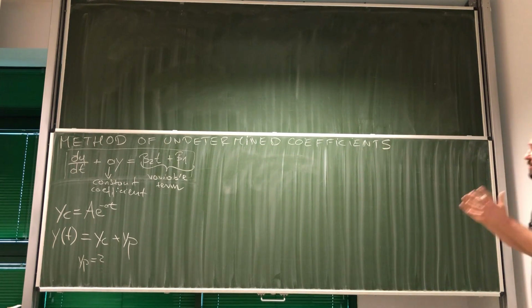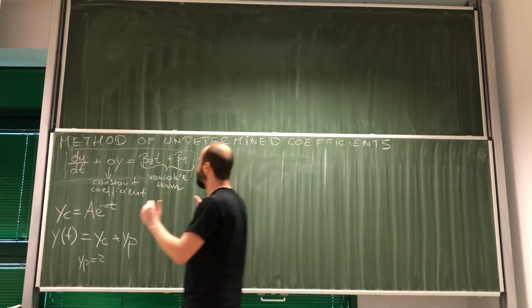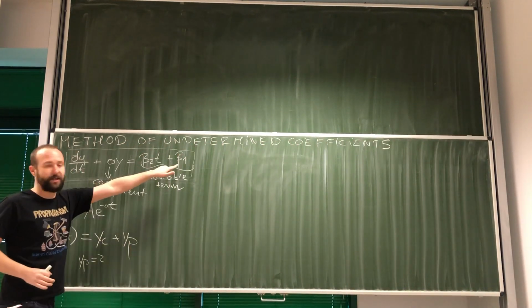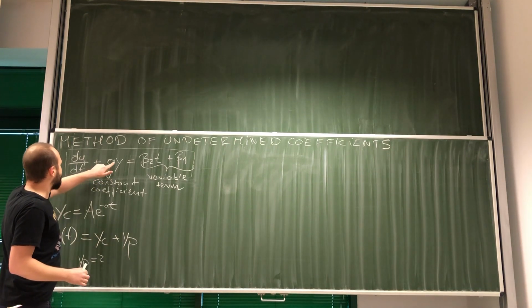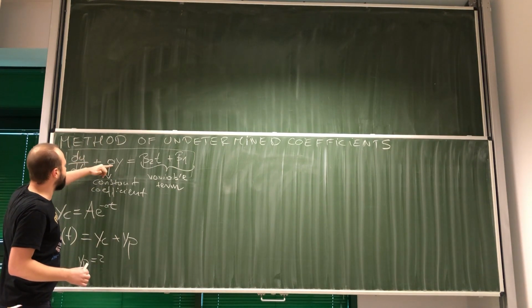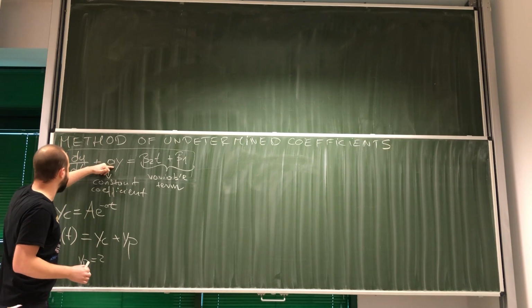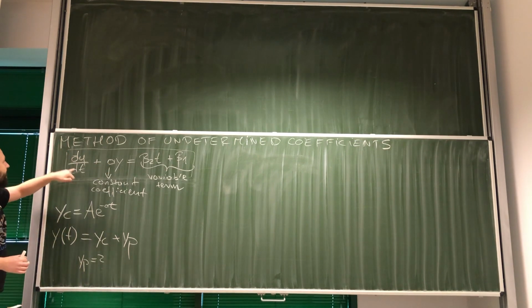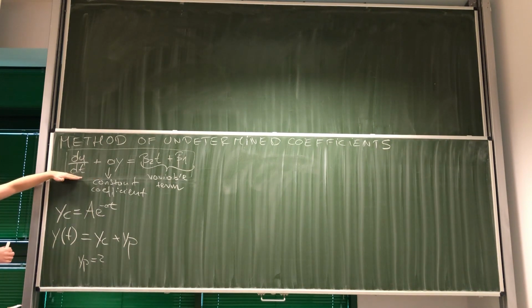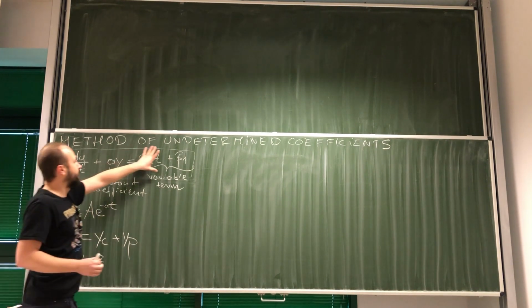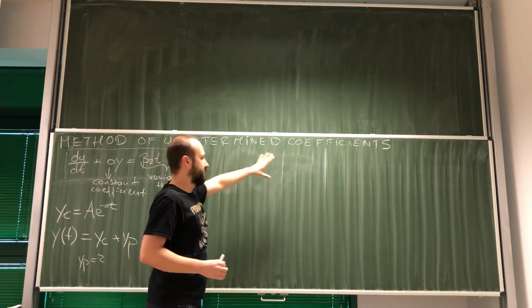Because look, let's think for a second what actually we do have here. We know that y times some coefficient plus y and dy/dt, so the function and the derivative of this function, are equal to this.